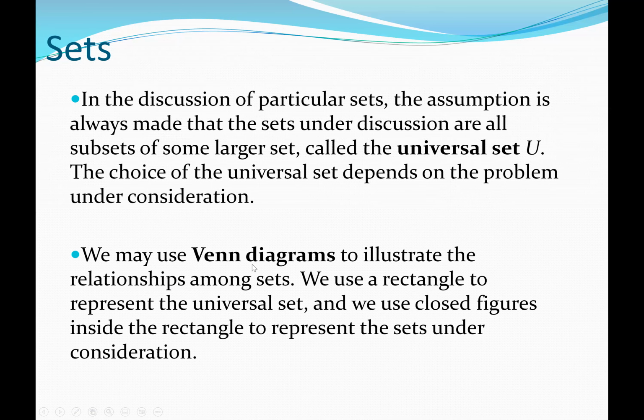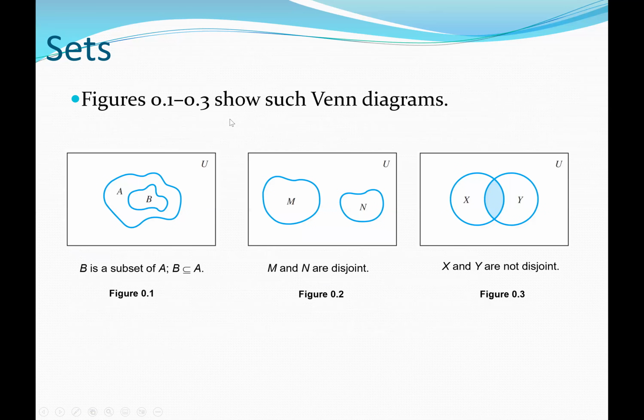Also, we may use the Venn diagram to illustrate the relationship among sets. So let's see how it's being used. So for example, we have a Venn diagram. The rectangle with the U means it's a universal set. Then we can see that B is inside A, which means B is a subset of A. All the elements in B are also in A, and there are some elements in A that are not in B. Now we can see in the Venn diagram here, M and N are separate.